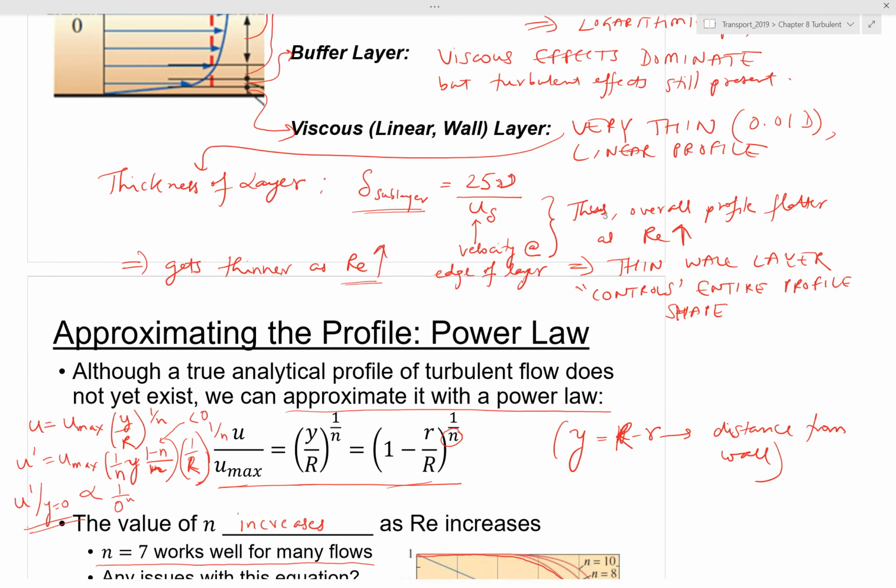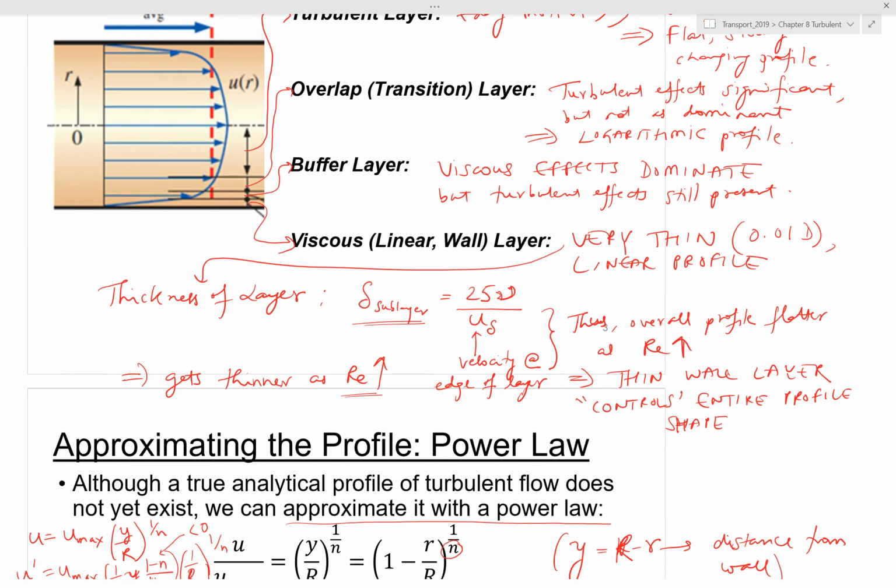Okay, so going forward, we have seen here in this profile the most important thing for a turbulent flow is the thickness of the thin layer here, the sublayer thickness. Essentially, this thin wall layer is pretty much controlling the entire shape of the profile. So we want to know, what if the thin wall layer had some irregularities or ridges, or it was not a smooth surface?